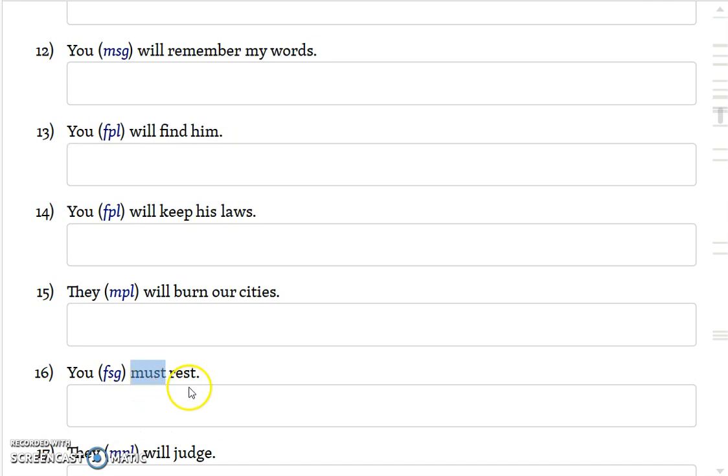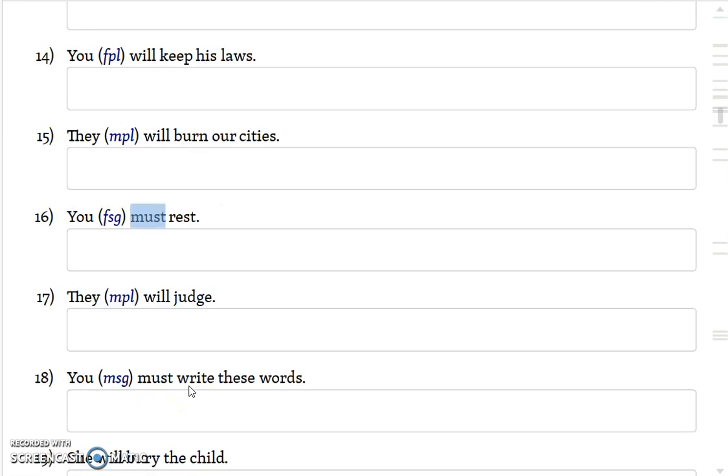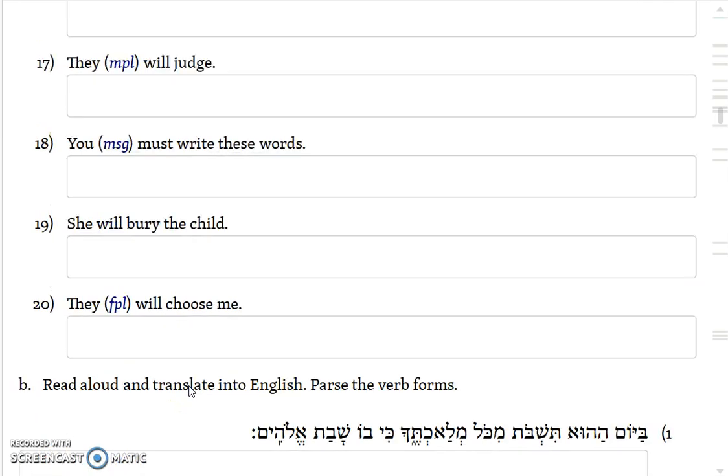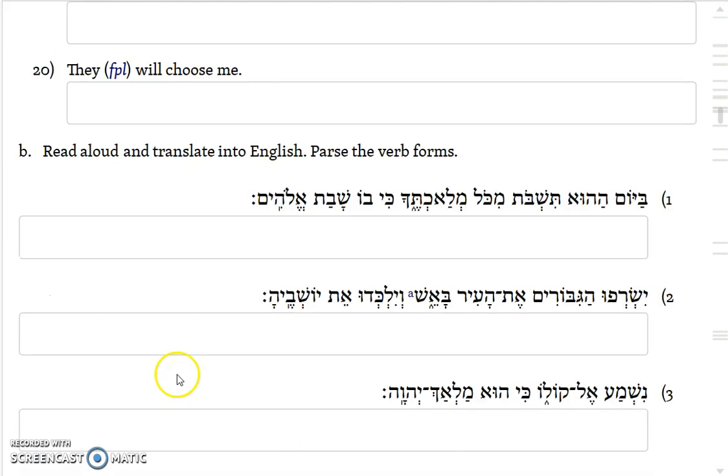That's another modal use. Those are all simply the imperfect forms that are there. So get to play with your new vocabulary and some of the old words in the imperfect. And then you'll also have opportunity to practice your reading aloud and translating, as is the usual pattern in this course. We'll do maybe the first one here.